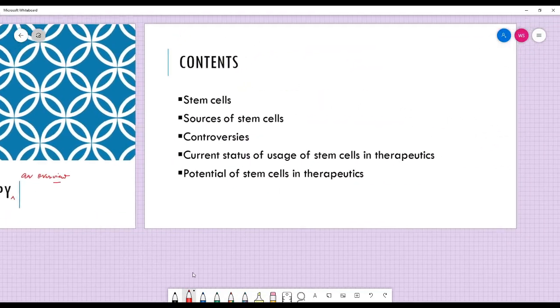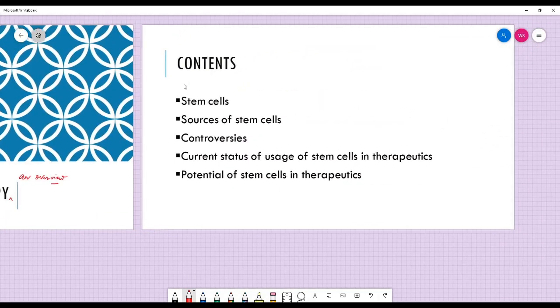So, we'll be talking today about stem cells, the sources of stem cells, a little bit about the controversy surrounding stem cells, and we'll be looking at the current usage of stem cells in therapeutics. And then we are going to look at the future potential of stem cells in therapeutics.